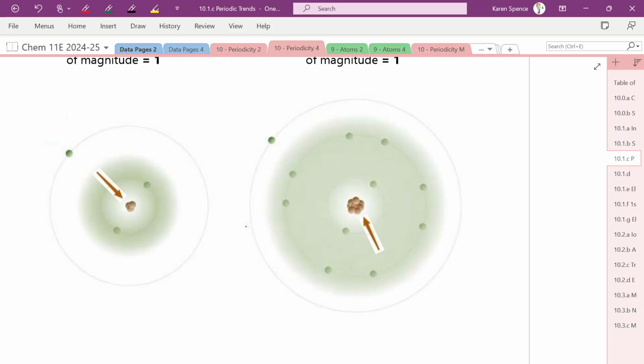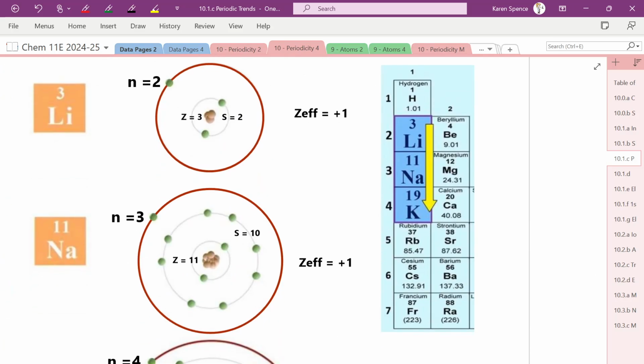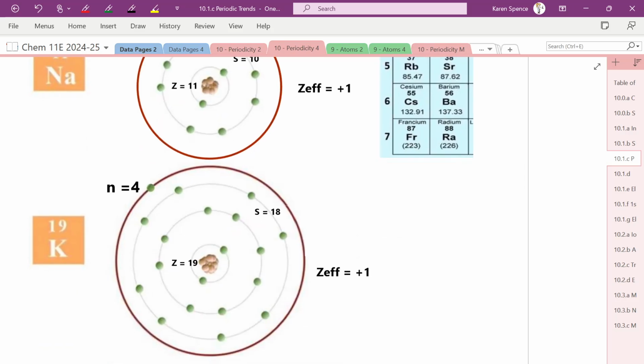Okay, so you've got the same effective nuclear charge. So the Zeff is +1, the Zeff is +1, and if we were to do the exact same thing for potassium, the Zeff would be +1. So what effect does Zeff have on the size of the atom as we go down?